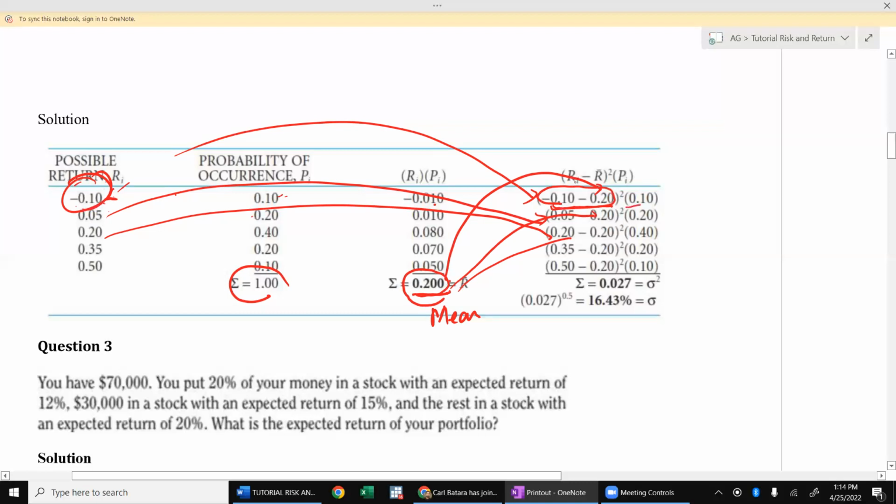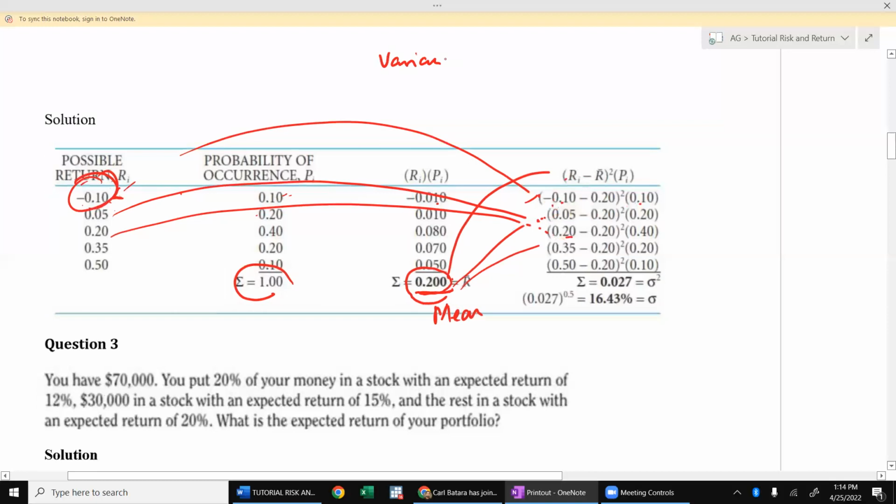If you see in the lectures about the variance and the standard deviation, we say that the variance is the squared deviation from the mean. When we remove the square, it becomes the standard deviation.